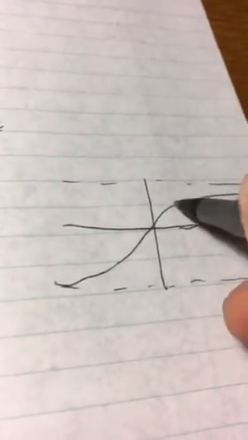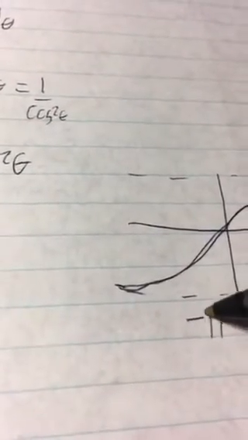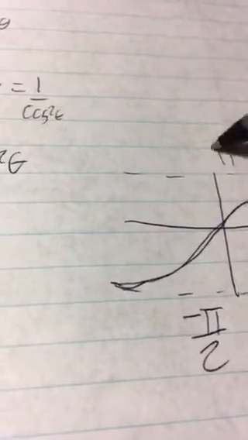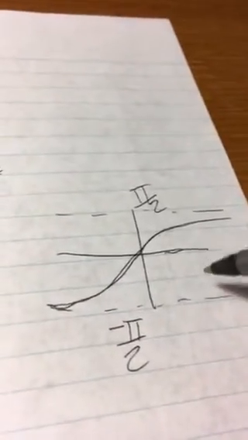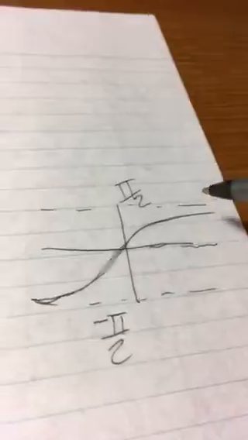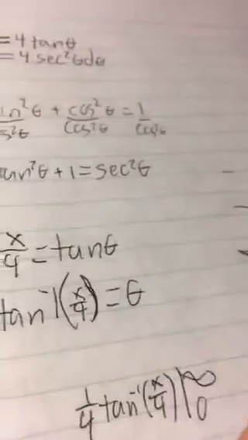We have two horizontal asymptotes, which means it never goes past those. It gets infinitely close, and it looks kind of like a weird S shape. This is negative pi over 2 and pi over 2. It never reaches those, but it goes on and on to infinity. That helps us with this infinity over here, because at infinity, we know it equals pi over 2. So we can actually solve for this.